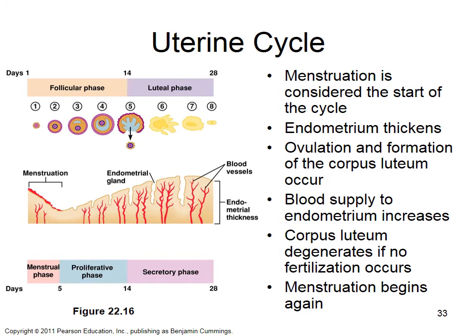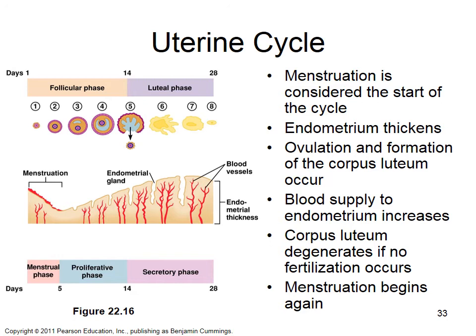Ovulation then causes the corpus luteum to develop, and the corpus luteum produces both estrogen and progesterone, which then causes the secretory phase of the uterus. So at this point, the uterus is ready for implantation. You have an increased blood supply. It's ready for that fertilized zygote to move down through the uterine tube and implant itself into that endometrial layer.